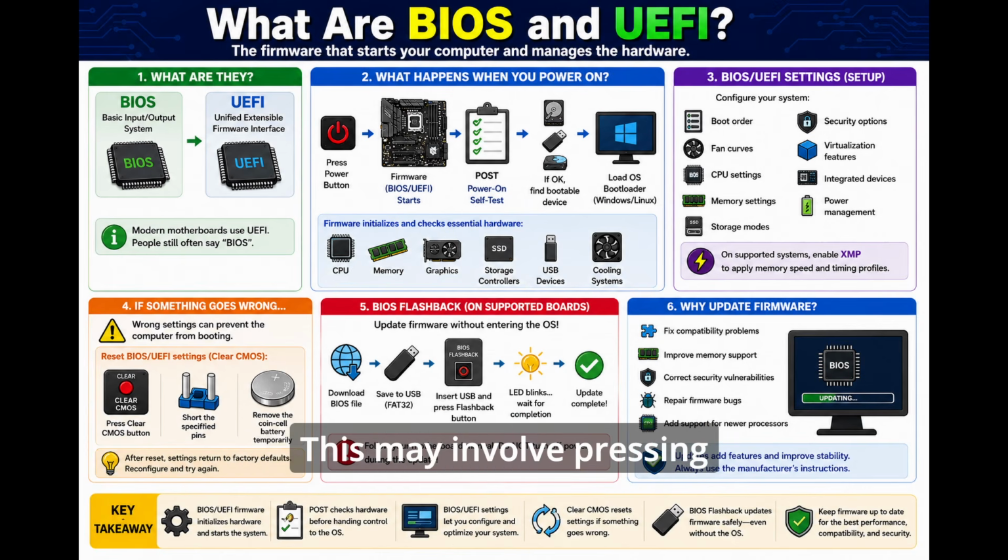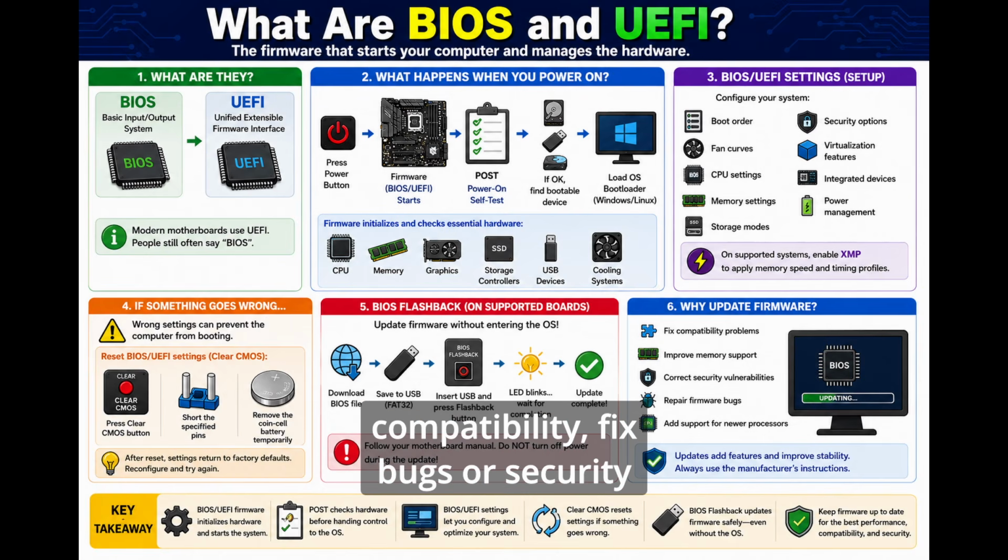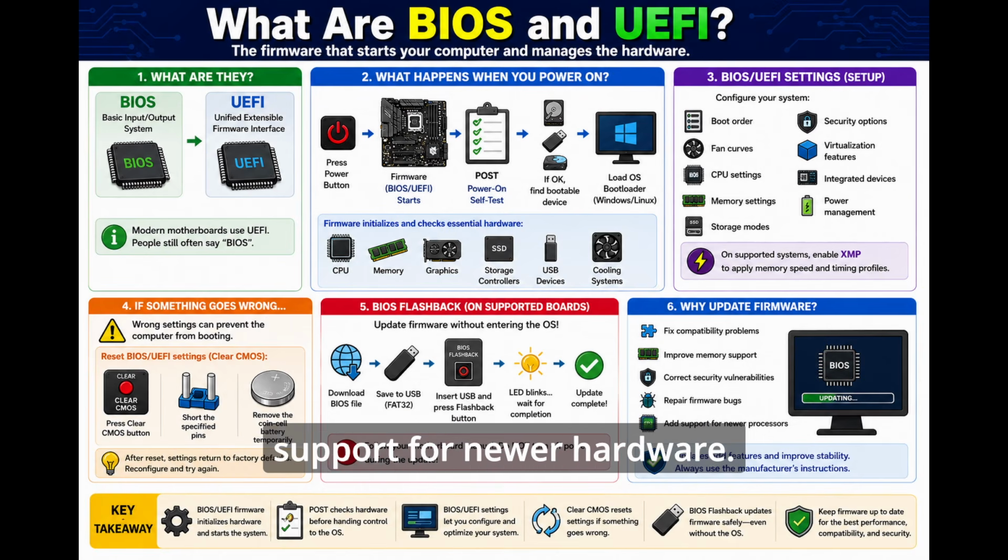This may involve pressing a button, shorting specified pins, or temporarily removing the coin cell battery. Some boards also provide BIOS flashback, which can update the firmware without entering the operating system. Firmware updates may improve compatibility, fix bugs or security problems, and add support for newer hardware. Never interrupt power during an update, and always follow the manufacturer's instructions.